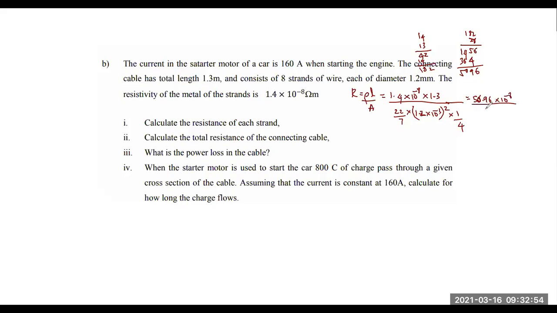And you divide it by 22 into 1.2 squared, which is 1.44, into 10 to the power minus 6. Right, so 50.96 divided by 22 into 1.44. 1.44 into 22 is 31.68.